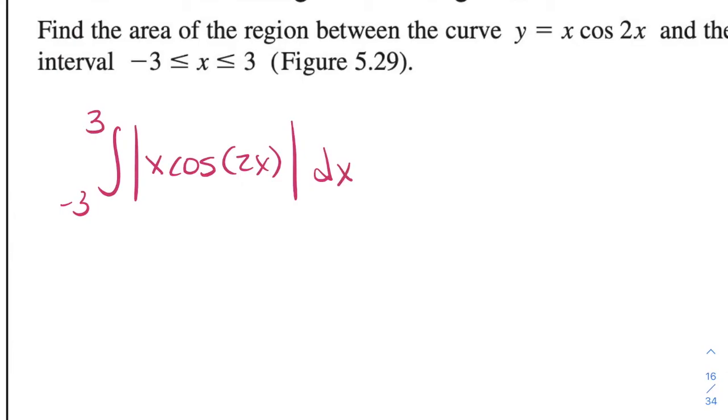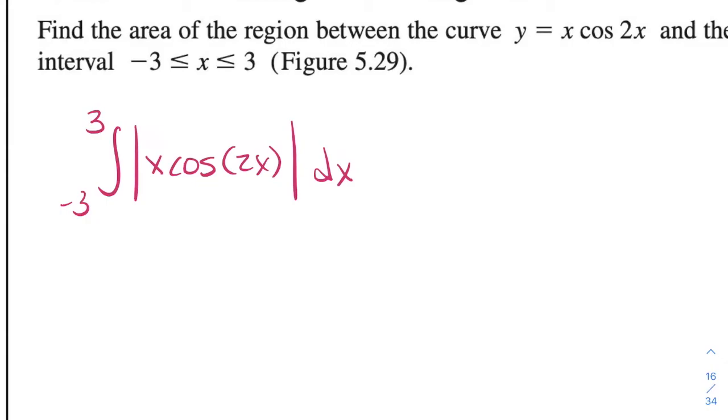And so I'm going to do it in 2 different locations. I'll do it on my graphing utility because I have the ability to do so. And I have x cosine 2x. I want to make sure my calculator is in radian mode, which it is.